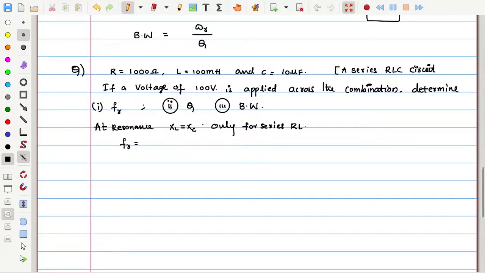If it is a different circuit, the value will change, which I will show with a different example. So FR is equal to 1 by 2 pi square root LC. How much is this value? Check it. 1 by 2 pi square root of L, sorry, L is 100 into 10 power minus 3 and C is 10 into 10 power minus 6. How much is this value?